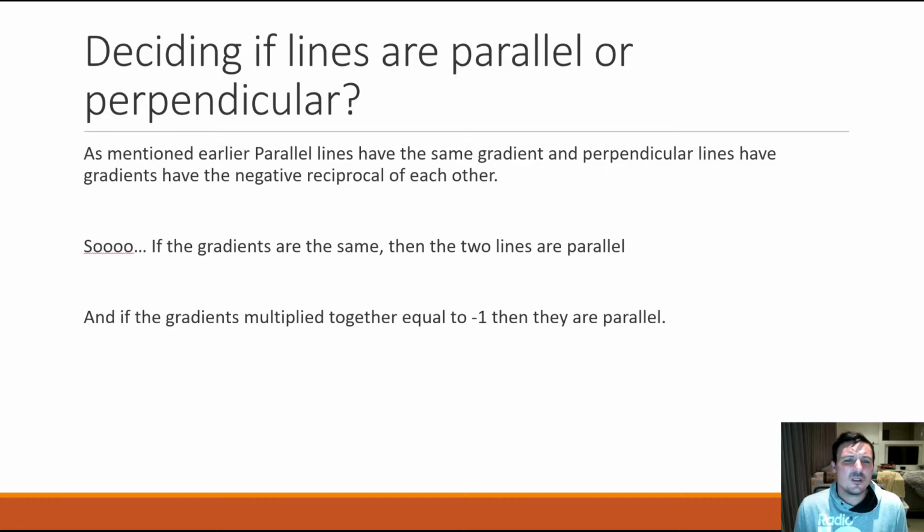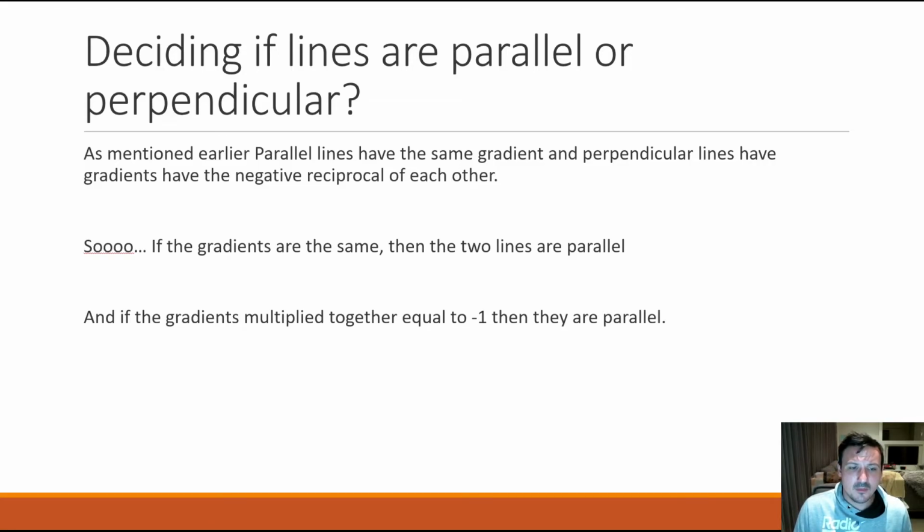How do we decide if lines are parallel or perpendicular? Well, as mentioned, parallel lines have the same gradient and perpendicular lines have the negative reciprocal of each other. So if the gradients are the same, then the two lines are parallel, and if the gradients are multiplied together to equal negative 1, then they are perpendicular.